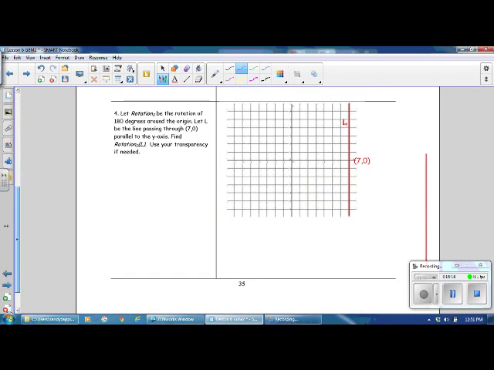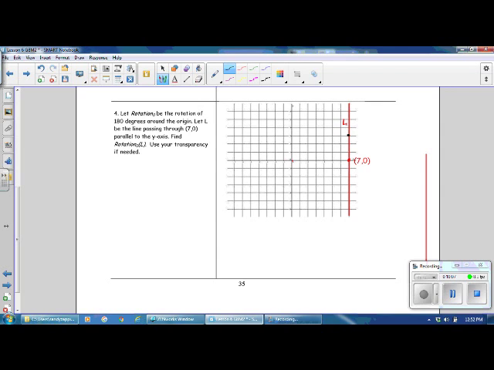Number 4. Let rotation O be the rotation of 180 degrees around the origin. Let L be the line passing through (7, 0), parallel to the y-axis. Find the rotation of L. Use your transparency if needed. So here we have the point (7, 0), and we want to rotate it about the origin 180 degrees. You will need a line passing through the origin to any point on L. So I'm just going to pick this point right here.